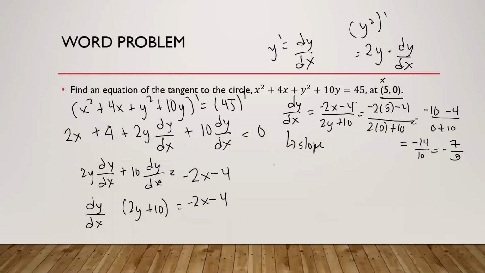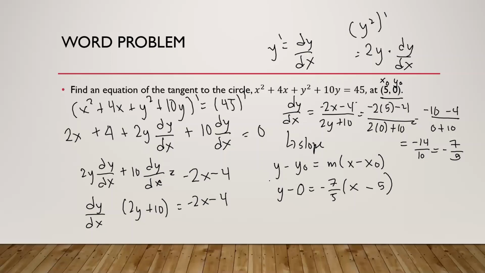So, using this formula, the point-slope form, assume na natin yan si 5 na ay si x sub 0, tapos si 0 naman ay si y sub 0. So, substituting this, yung y sub 0 natin is 0, tapos yung m natin is negative 7 over 5, tapos yung x natin is x, then our x sub 0 is 5.